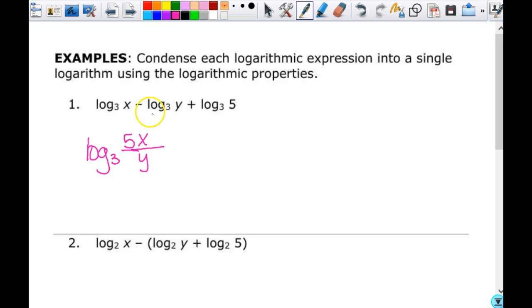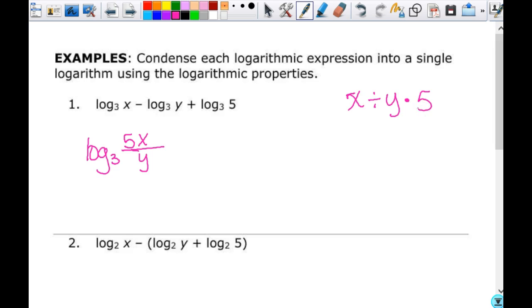Because this is what's in the denominator. Because again, what is happening here with this subtraction? This becomes division, right? So if I'm going to divide by something and then multiply, if it's x, and then I'm going to divide by y, then I'm going to multiply by 5, right?